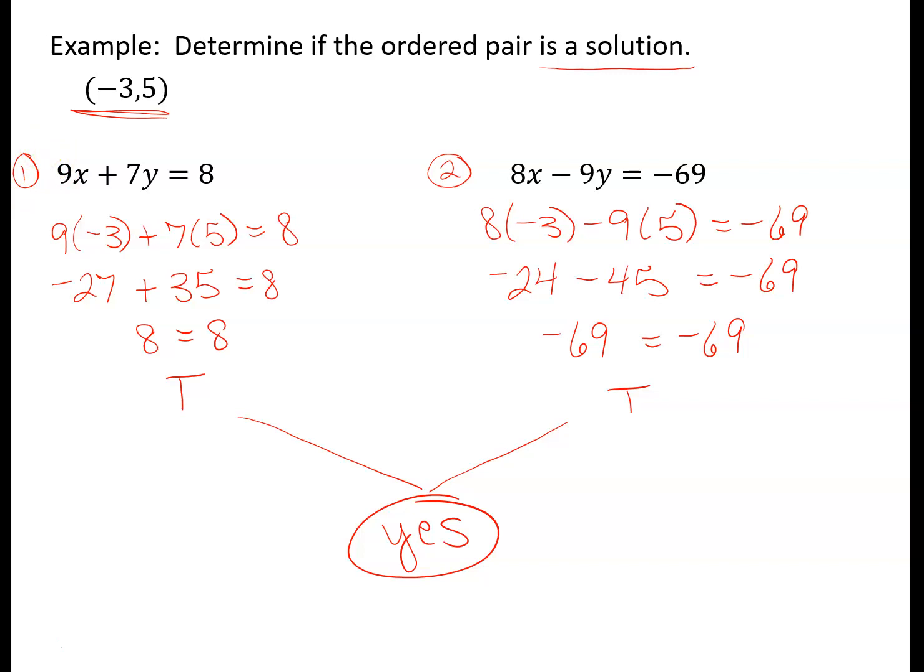We could just answer no. If we plugged into the first and it was true, and then we plugged into the second and it was false, then that would also end up no. So false on the first, doesn't matter what the second one would be, is a no. The only way we're going to get yes is if it's true and true, then it's a yes. Okay, so there'll be a few problems like that to practice in the homework.